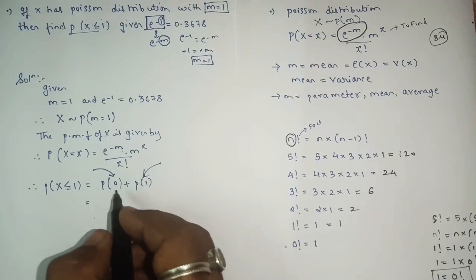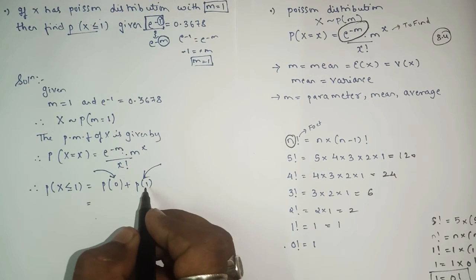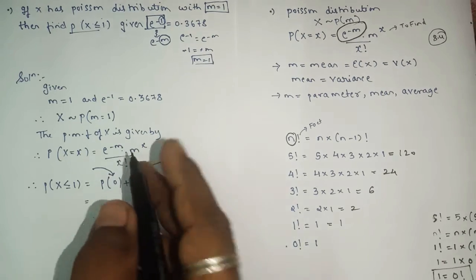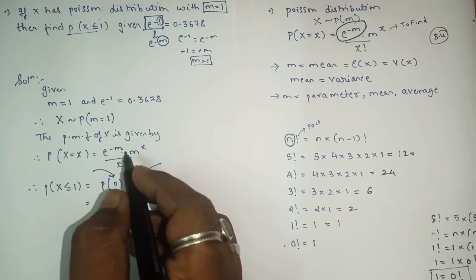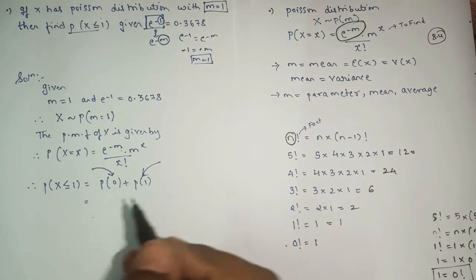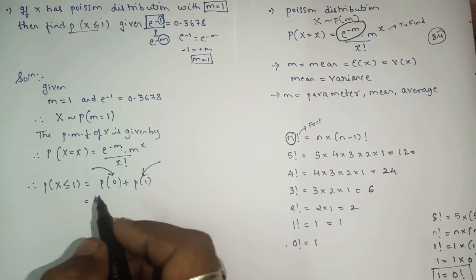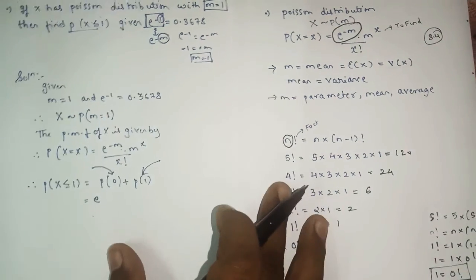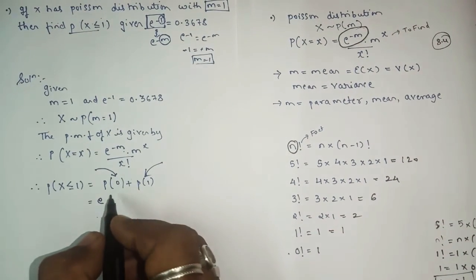So P of 0 and P of 1 means we have to write the Poisson distribution formula two times, with respect to 0 and with respect to 1. Now, e raised to minus m. What is m here for this question? It is 1.